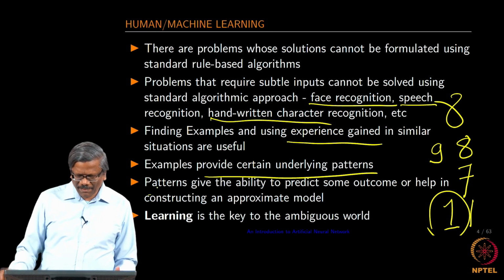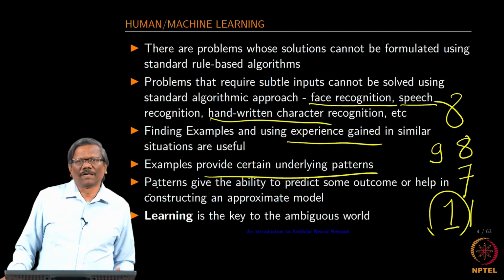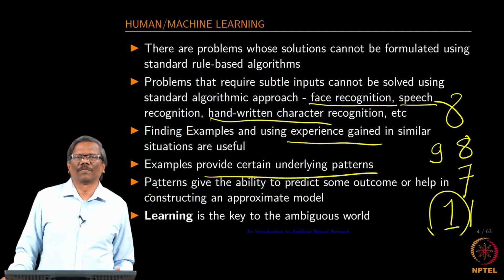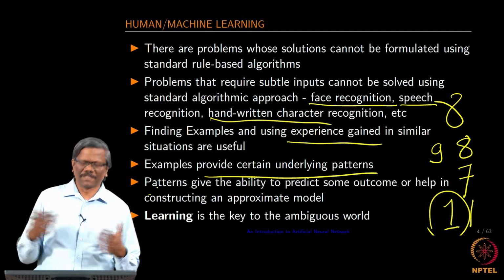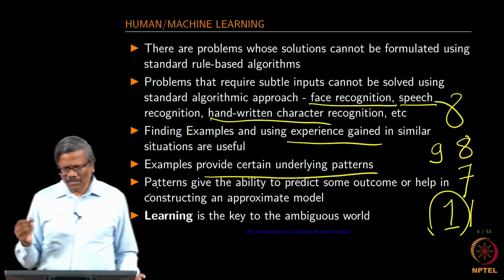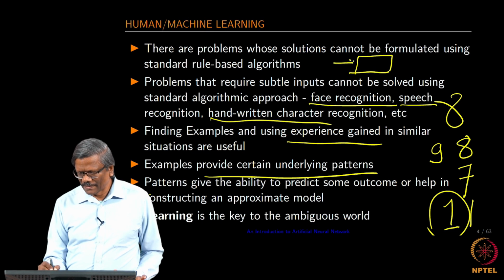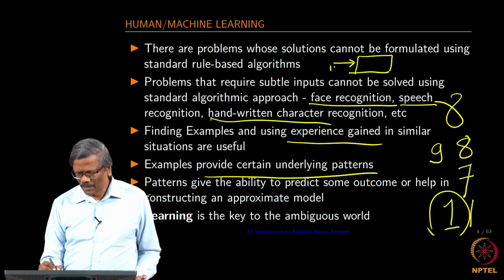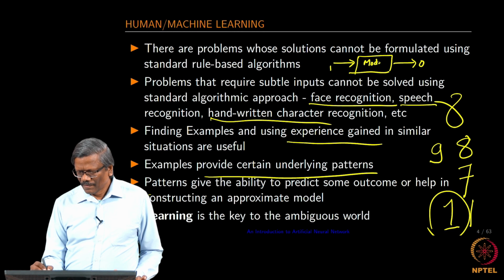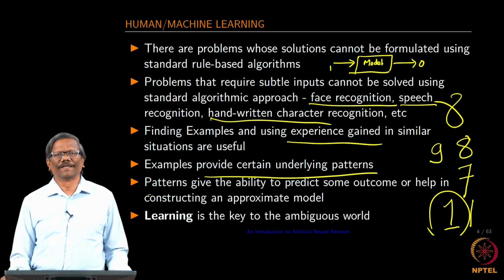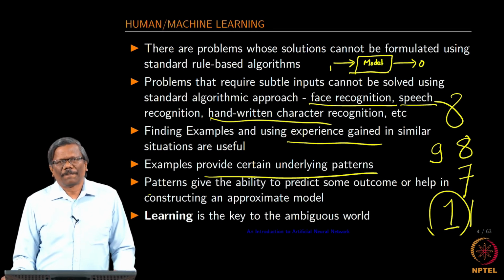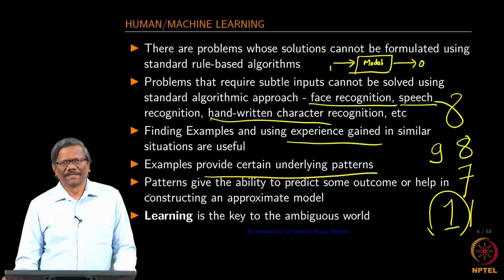A pattern gives the ability to predict some outcome or help in constructing an approximate model. So, if you look at the standard programming model, we do it like this, right. Let us say this is your input and this is your output, and this is your model that contains all the rules and other processing capabilities.